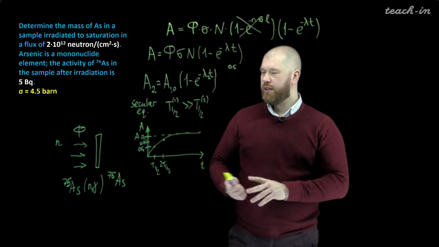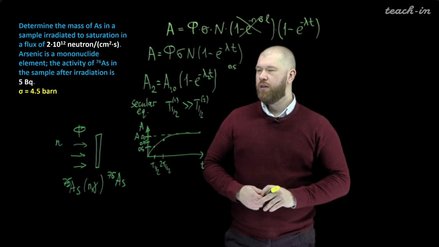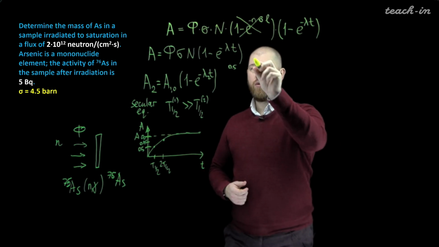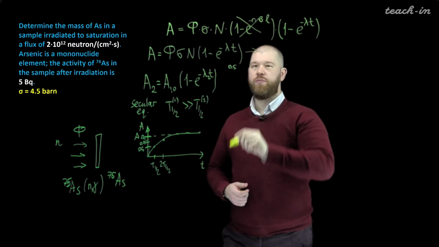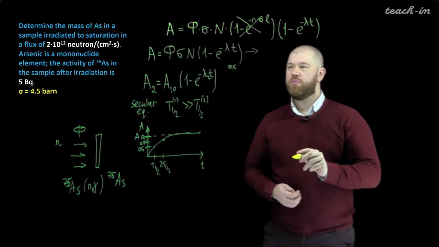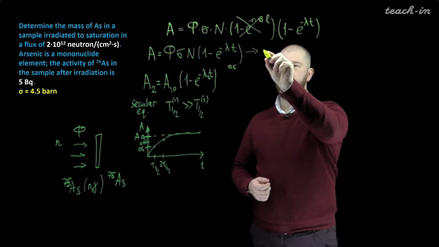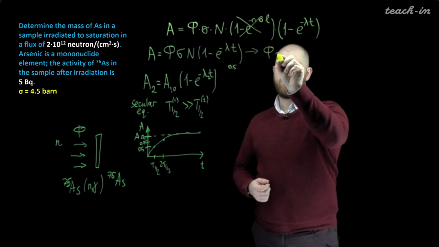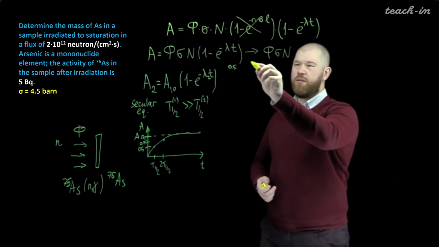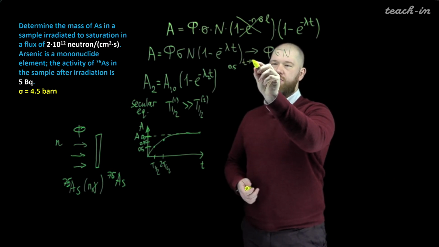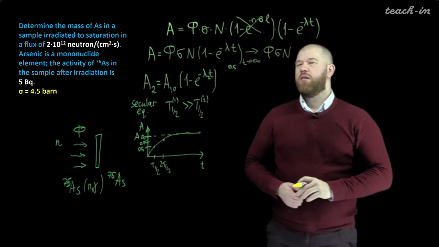So this value of activity will reach the limit as phi sigma n. Yeah? If time will be sufficient.